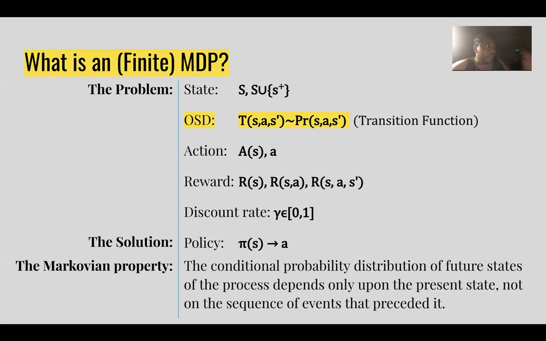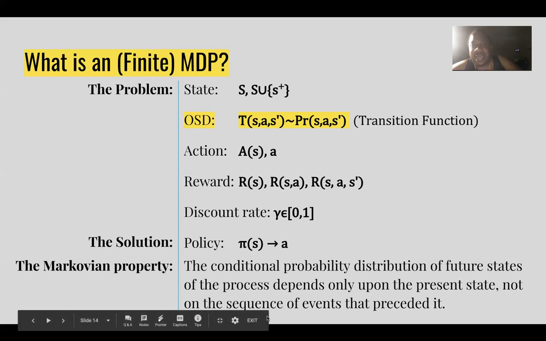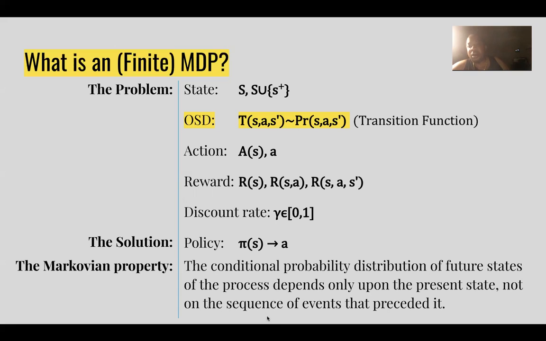And then one last thing to talk about is the Markovian property, or the way I like to think about it, history sucks. I like history, but in this case, let's pretend we're a rebellious history student. And we say the only thing that matters towards our future is what's going on now. Things that happened in the past, 10 minutes ago, 5 seconds ago, 100 years ago, have no effect on our future reward.